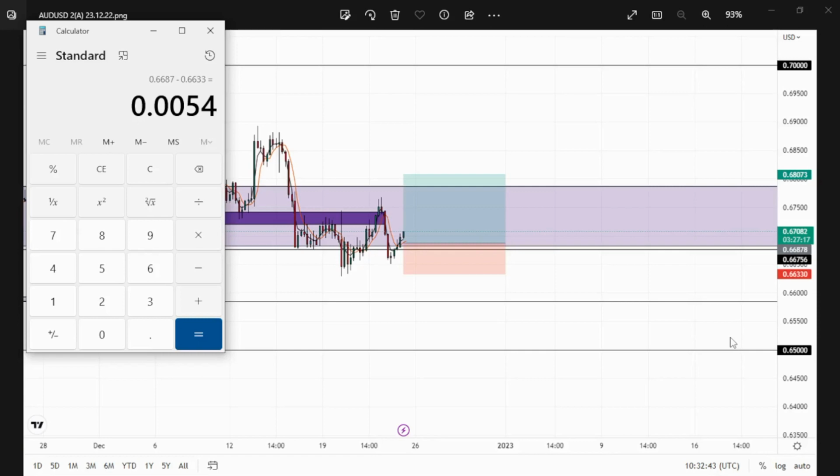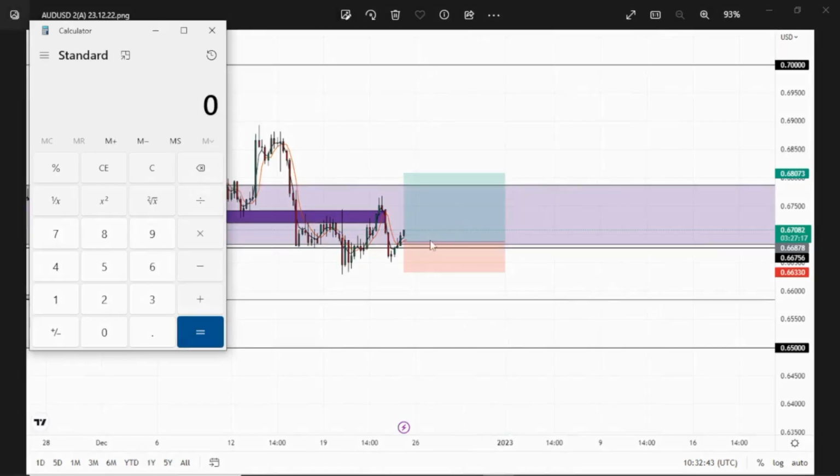Then let's see how far my take profit is from my entry level. What's our entry price on this one? 0.6687 minus the take profit, which is 0.6807, which is 120 pips.